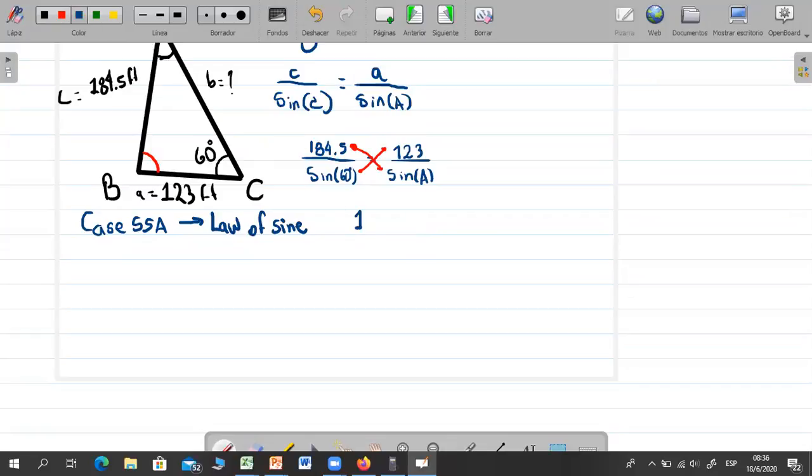So here we're gonna have 184.5 times sine of A, and that's gonna be equal to 123 times sine of 60.